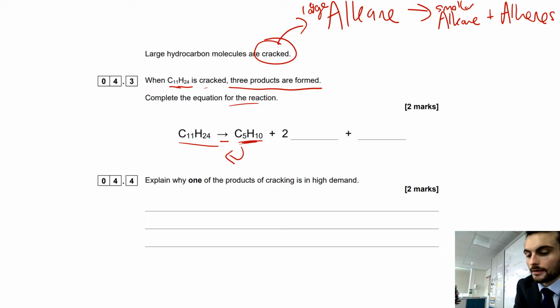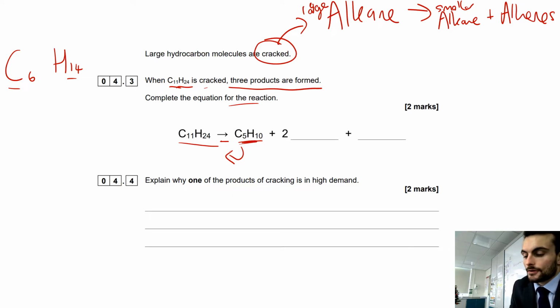So 11 take 5 is 6, so 6 carbons, and 24 take 10 is 14. So we've got this many carbons and this many hydrogens to play with. Then you've got to do trial and error to figure out a combination that would add up to 6 carbons and 14 hydrogens.